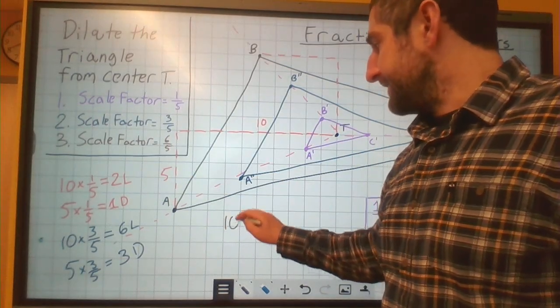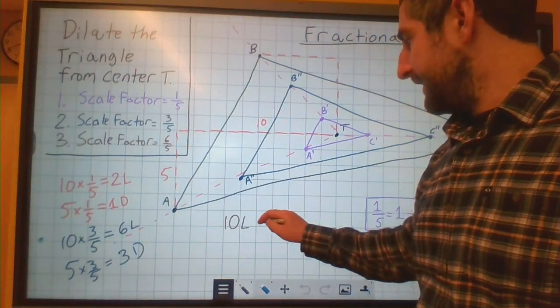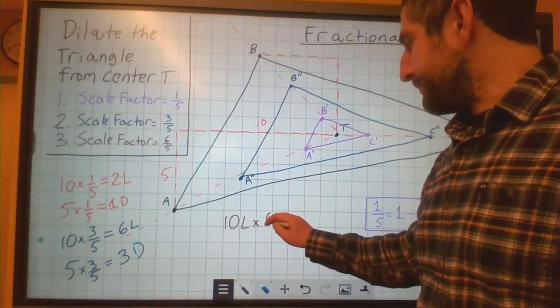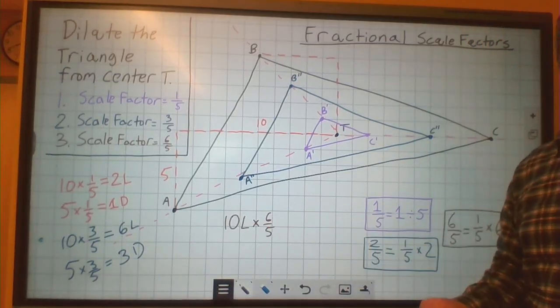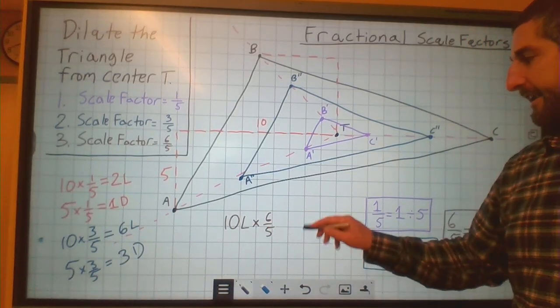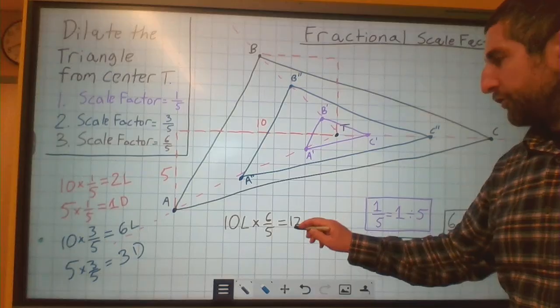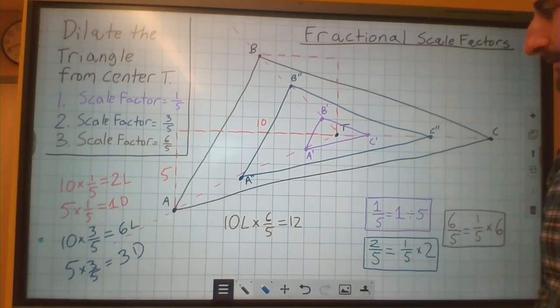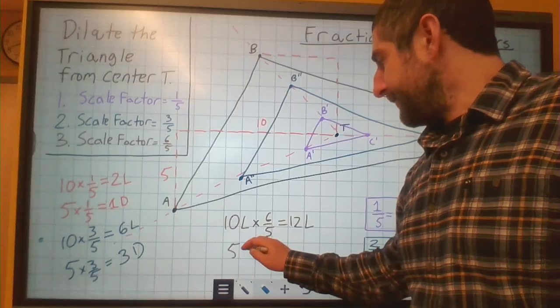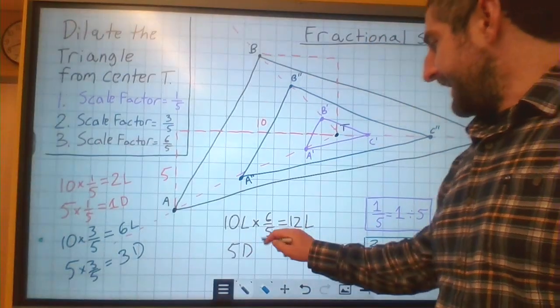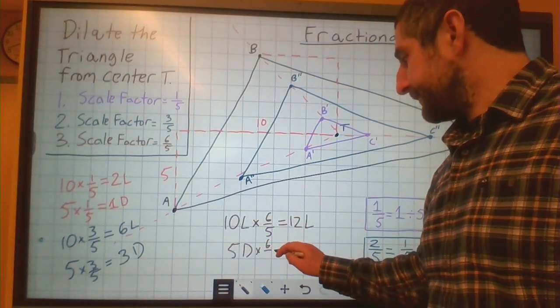A, we have 10 to the left. We're going to multiply that by 6/5. 10 times 6 is 60. 60 divided by 5 is 12. The 5 down. 5 times 6/5.